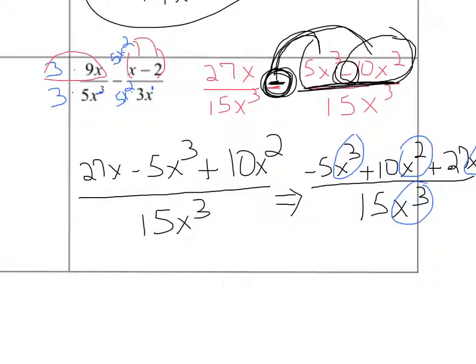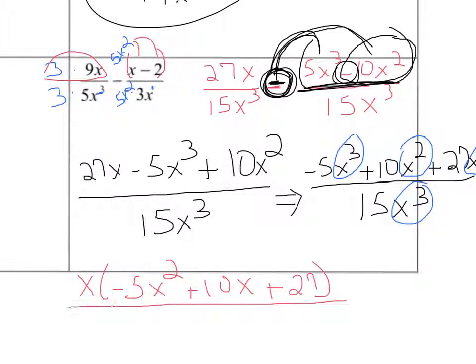So I have an x, and then I have negative 5x squared left. And I take out an x out of 10x squared, and I have plus 10x. And then I take an x out of 27x and get 27. And that's a whole quantity. So if I distribute it back out, I get back to the regular. And that's all over 15x cubed.